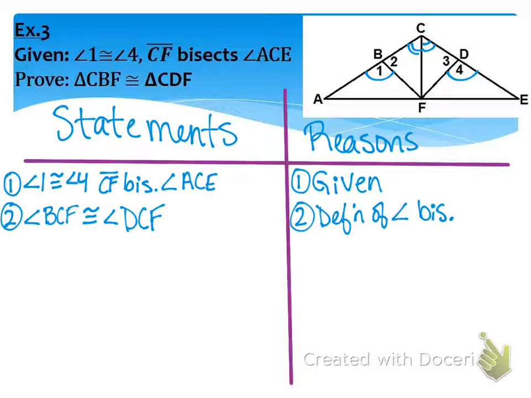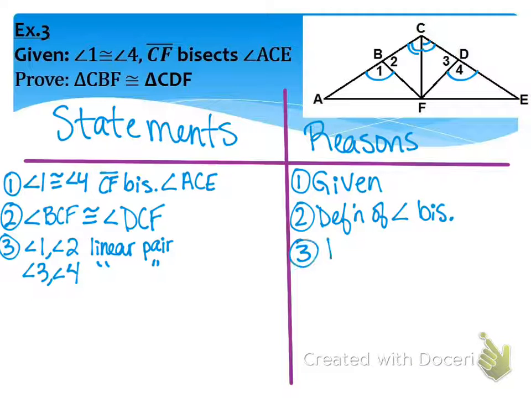Now, if you want to include the assume from diagram step, you need to tell me 1 and 2 are a linear pair, 3 and 4 are a linear pair. So I'll include that for completeness' sake. Angle 1, angle 2 are a linear pair. I'm going to go ahead and do 3 and 4 on the same step because 3 and 4 are also a linear pair, and that is something that we can assume from the diagram.